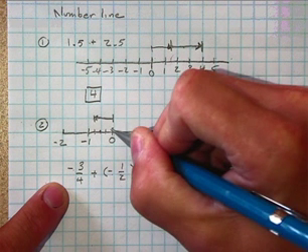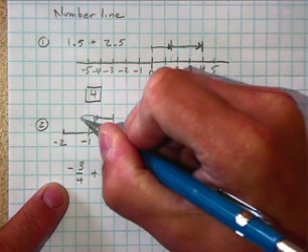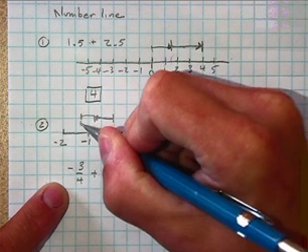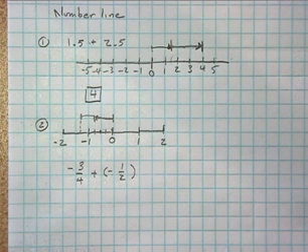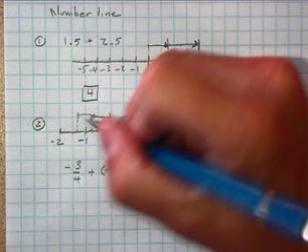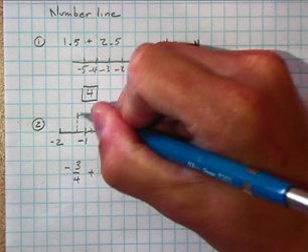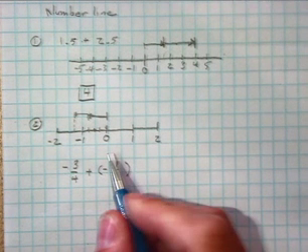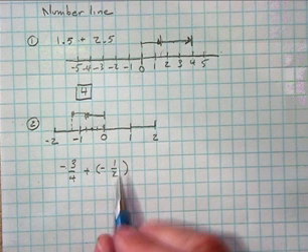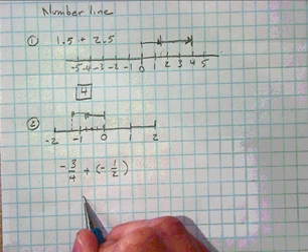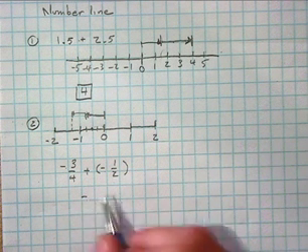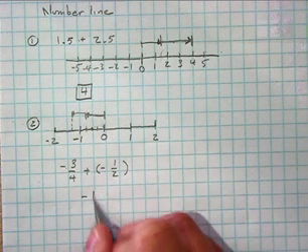Well, half is one of these bars, so it'll be right there. Okay. So what do I get if I add that? Negative 1 and 1/4.